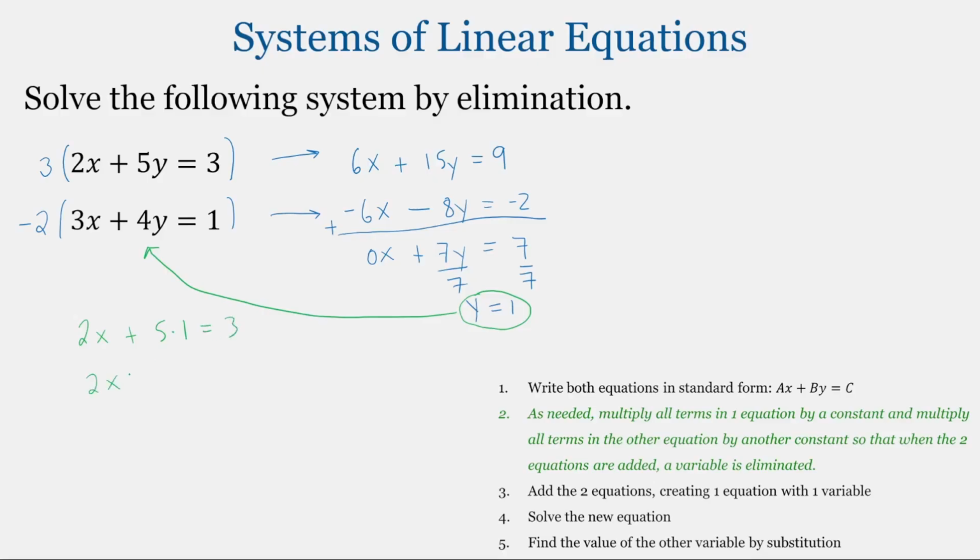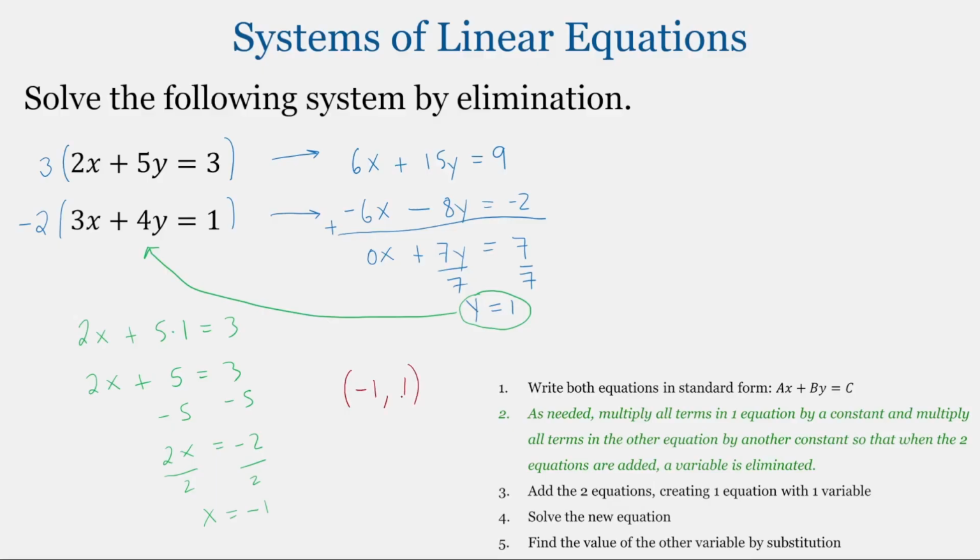This is 2x plus 5 equal to 3. Subtracting 5 from both sides, we have 2x equal to negative 2. And then dividing both sides by 2, we have x equal to negative 1. So the answer is negative 1, 1.